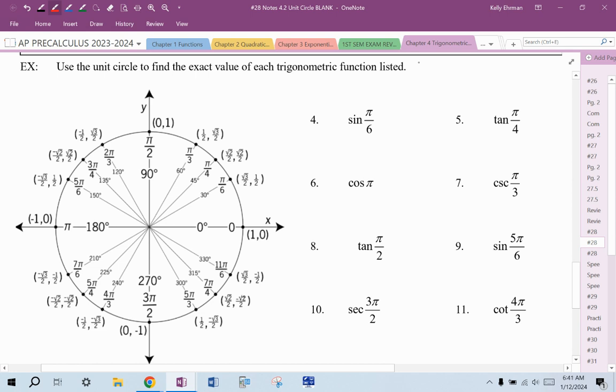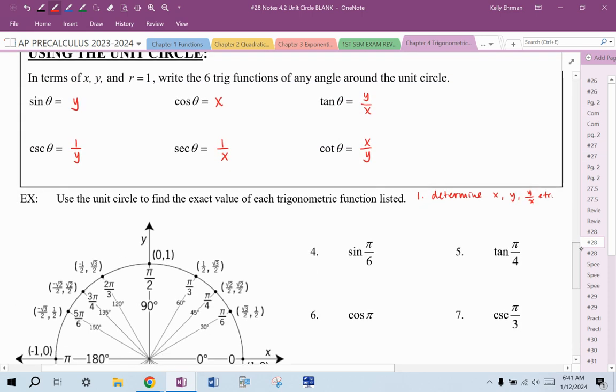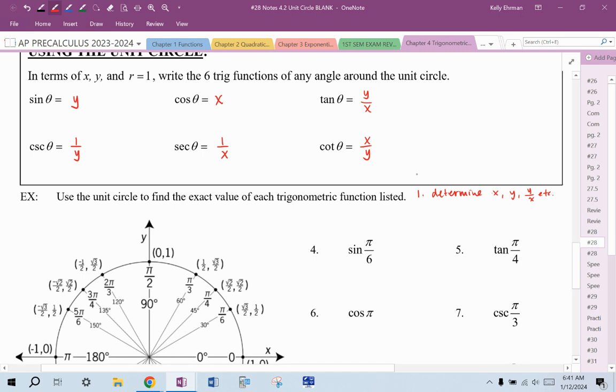So the way that I do this is first determine whether you should be using x or y or y over x, or whatever the trig function is. So decide which of these 6 rules you're using depending on what trig function it is. And then the second thing is to find your angle, meaning locate it on the unit circle.